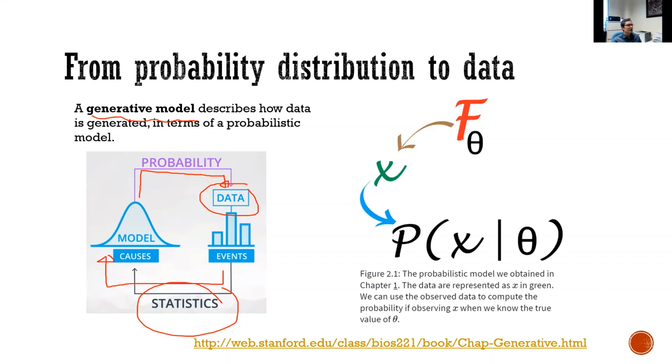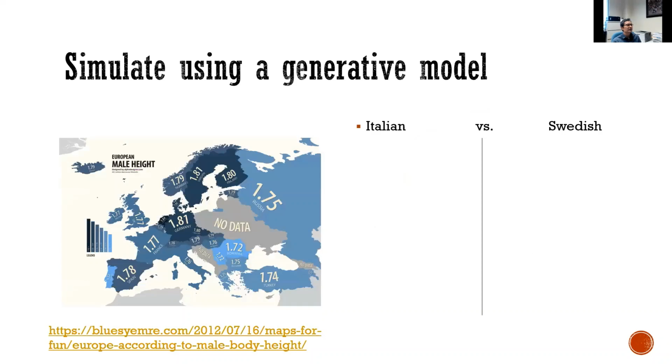So I'm going to give you an idea about what a generative model can be used for. It can be used to simulate data. I'm going to use a generative model to simulate a set of data.